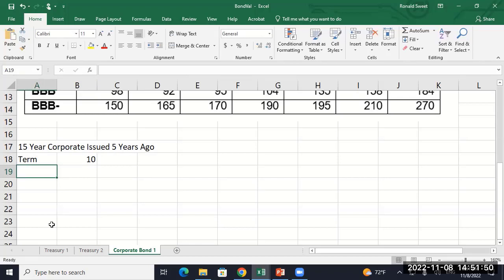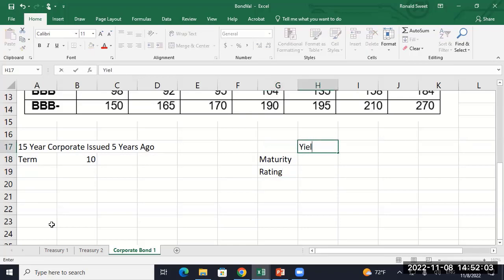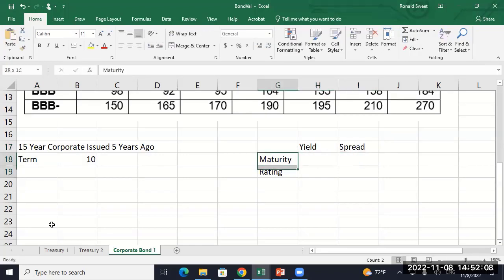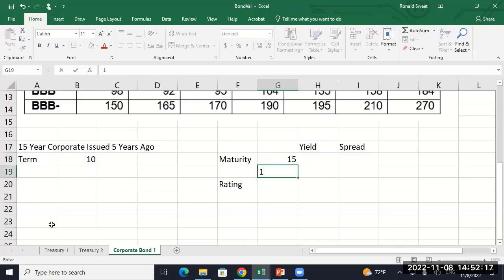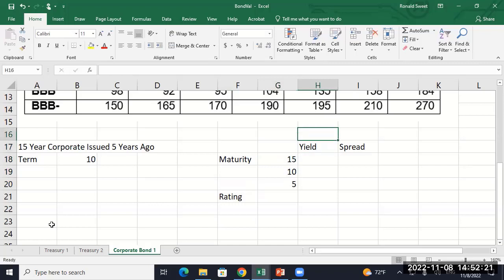All right, so let me give you some tables and let's just look at this. Let's give maturity, rating, and yield, and spread. I'm not sure I've done this before, but let's say 15, 10, 5. So this is the risk-free.